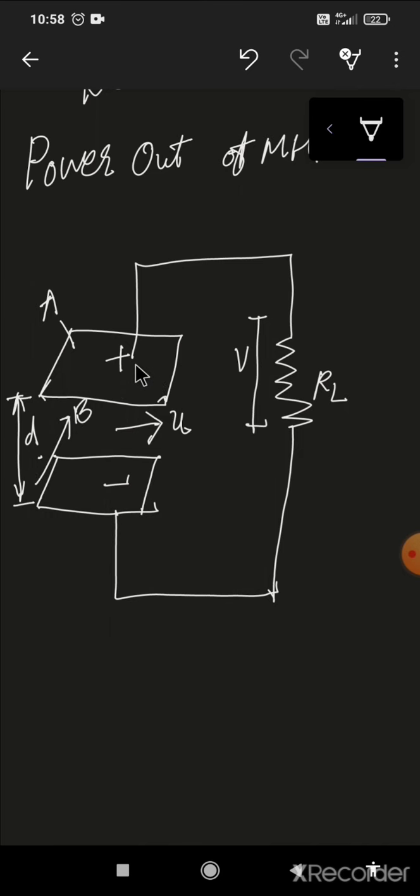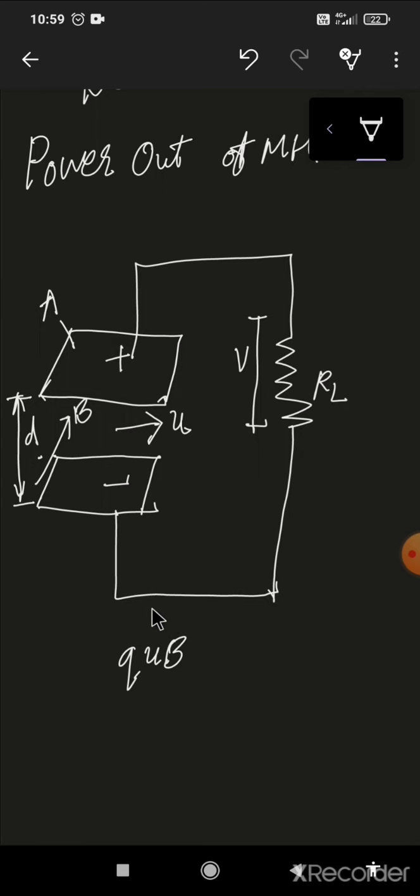The magnitude of the force acting on a charged particle having charge q is given by q u B, and this force, as per the right hand rule, will act in the upward direction on a positively charged particle.